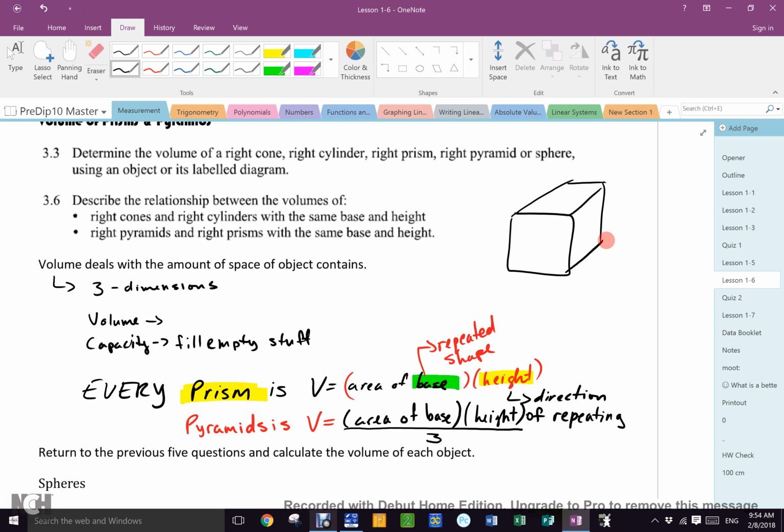Right there. We know our cereal box is 24 by 40 by 8. Now, if you look on your formula sheet, you will see that all of the volumes are the same.